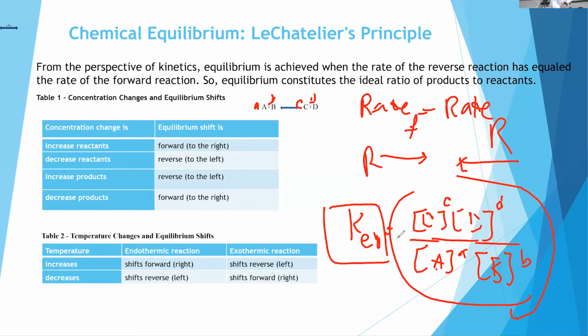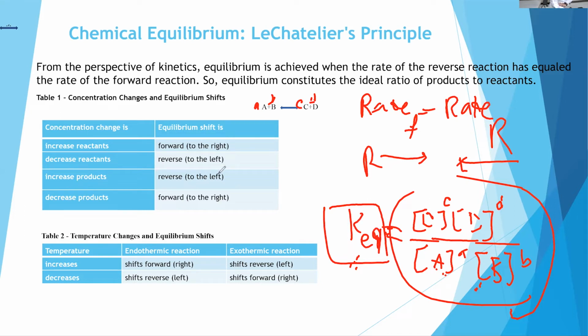If you decrease the reactant, so you have less reactant, and the product stays the same, then this ratio is going to be higher than what it was before. And in order to maintain that equilibrium, it is going to shift to the left side. That means more reactant needs to be formed in order for K equilibrium to be maintained.